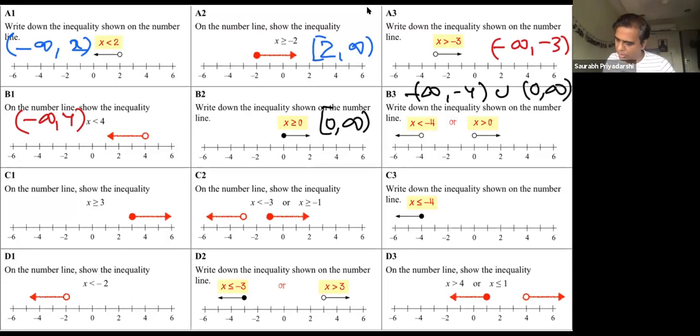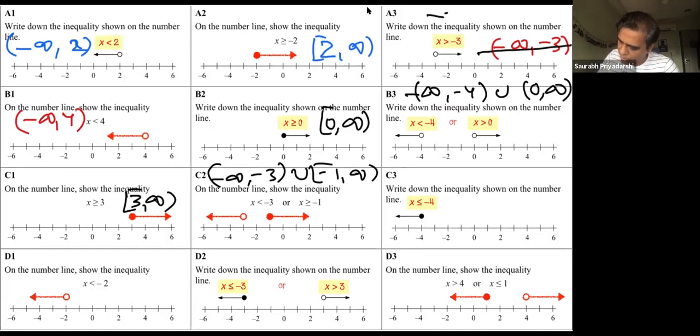You have to match both of these, right? In this case, 3 to infinity, right? Minus infinity to minus 3, union minus 1 to infinity, right? I guess each and everyone is getting this, right? In this case, this is minus 3 to infinity, a very small portion to write, right?